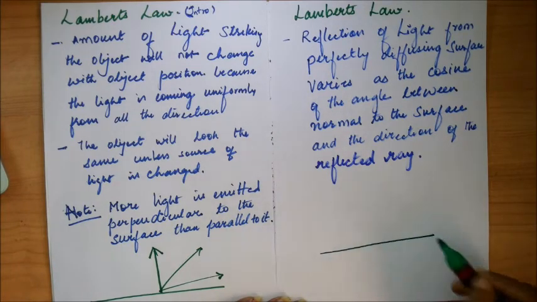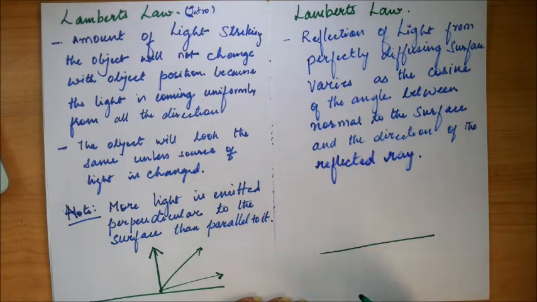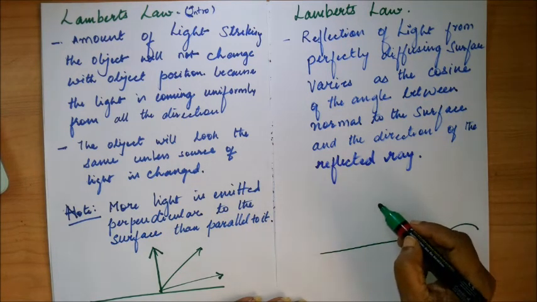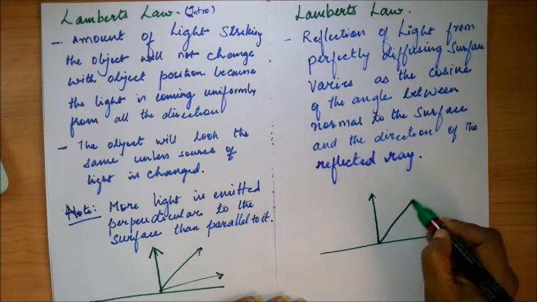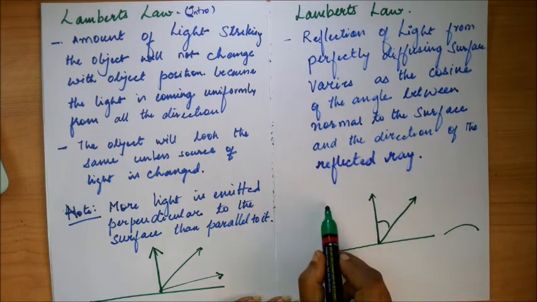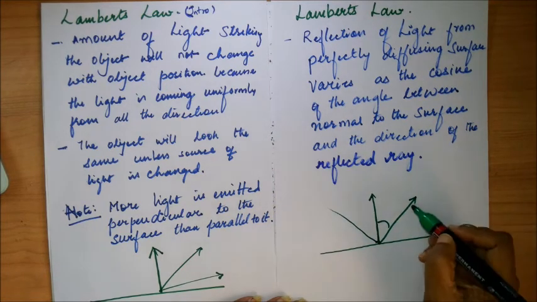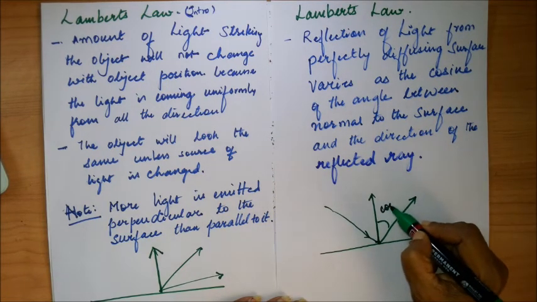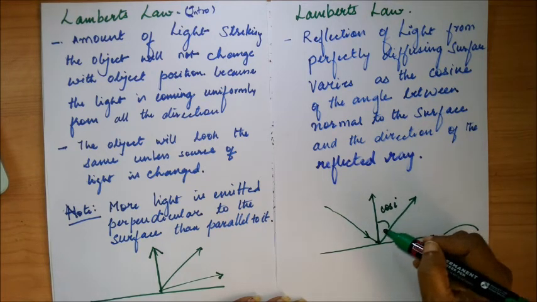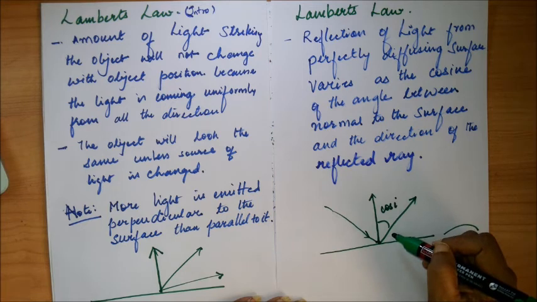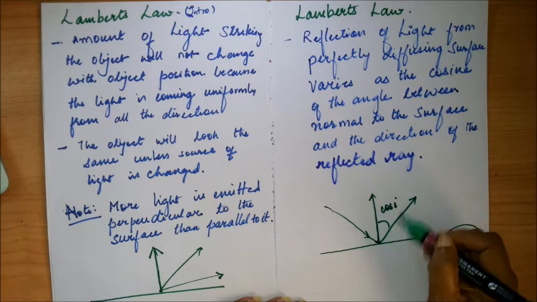So what we are trying to say here is, if this is the surface, maybe a flat or maybe a curved one, let's say this is the normal and this is the reflected ray. Obviously the ray would have come from here. So the cos of this angle, let's say if I take it as I, determines how much of the amount of light will be reflected.